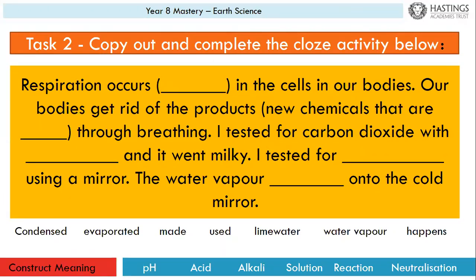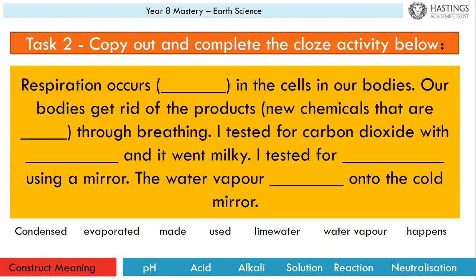You won't have seen lime water, but lime water goes milky, okay, when there's the presence of carbon dioxide. And when we're back in the lab, what you can do is blow out through a straw into this lime water, and you can see the carbon dioxide you breathe out turns lime water milky.